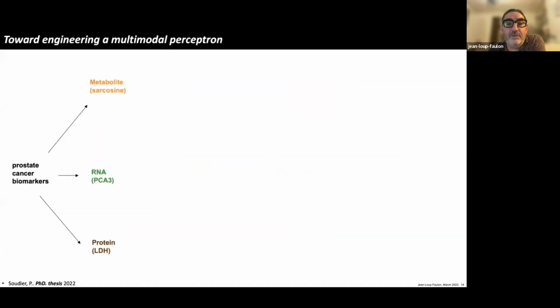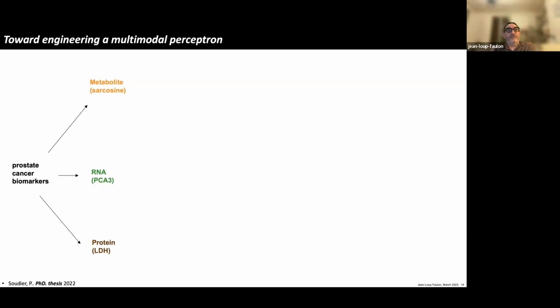So all of this was done in cell-free, and still continuing on that, because biomarkers of disease were shown only for small molecules here, metabolites. But biomarkers of disease, in particular for prostate cancer, are not necessarily small molecules. They can also be RNA, non-coding RNA for instance, or proteins.